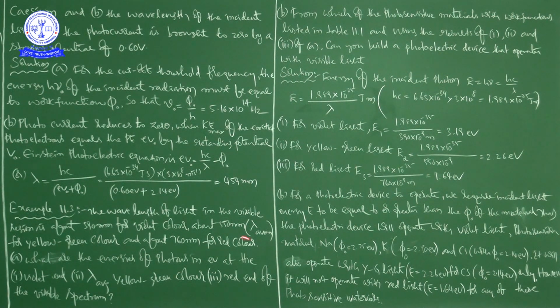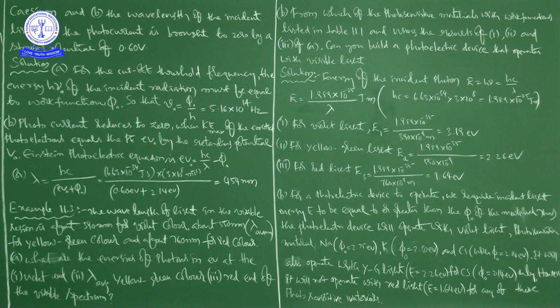This is the average wavelength for yellow green color, and about 760 nanometers for red color. Next, here he is asking to find two things. One is A, another one is B.